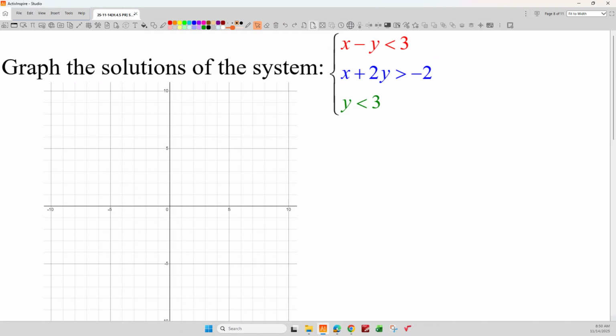So let's try one of these in Desmos. I'll show you how to do this. It's so easy in Desmos. So go ahead and open up your Chromebooks.